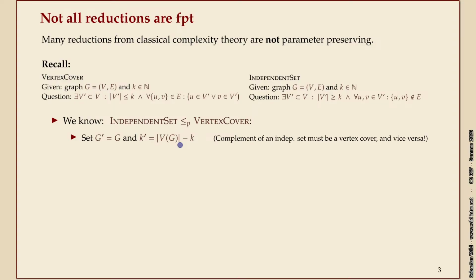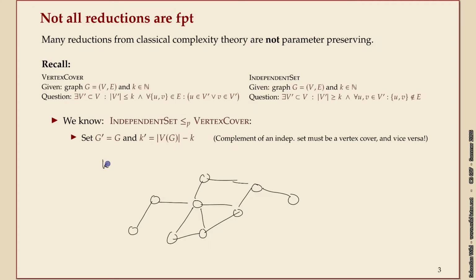So you're given an instance of the independent set problem. I'm just making up some arbitrary graph here now. It's not anything special. And some threshold k, right? So let's say k is equal to 5.